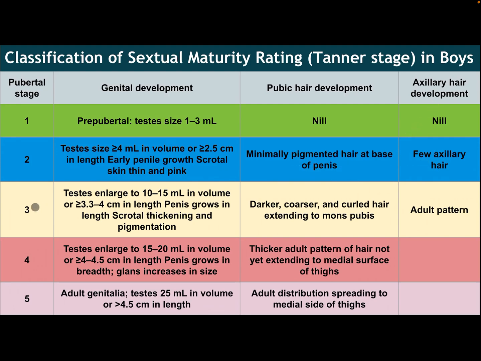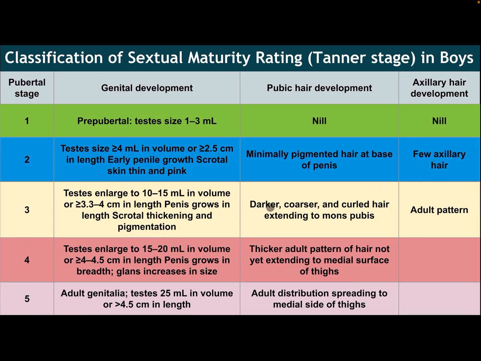Axillary, few axillary hair. Stage 3, testis enlarged to 10 to 15 ml in volume or 3.3 to 4 cm in length. Penis grows in length. Scrotal thickening and pigmentation.